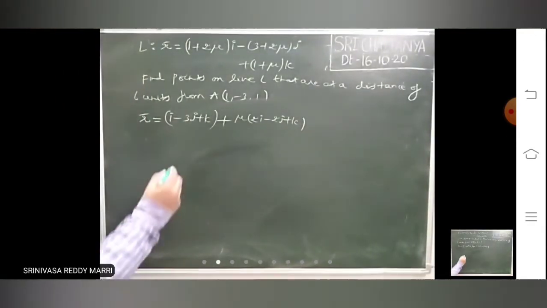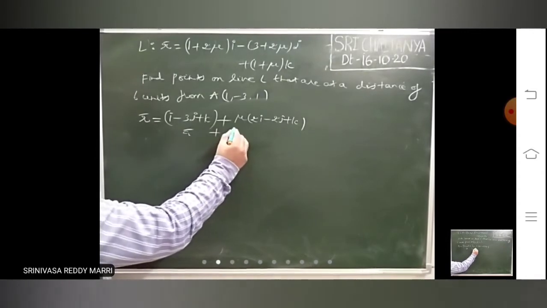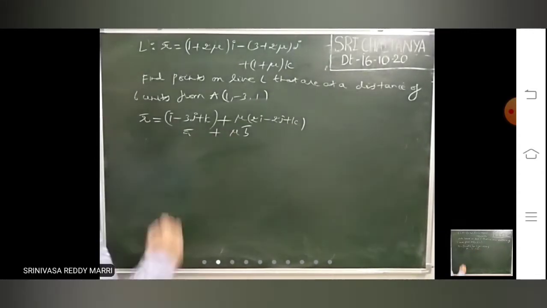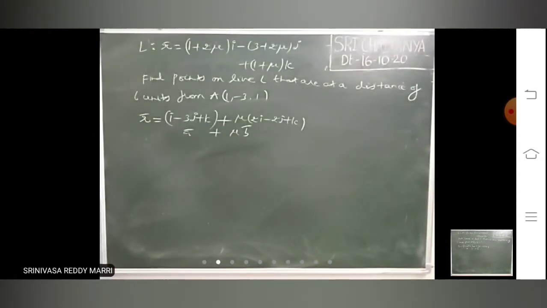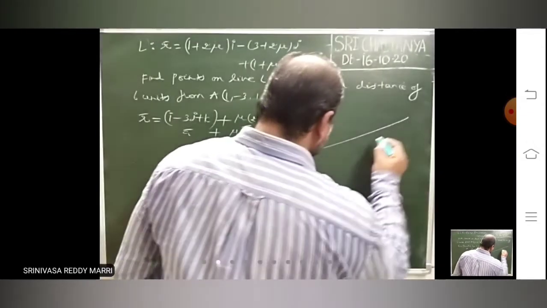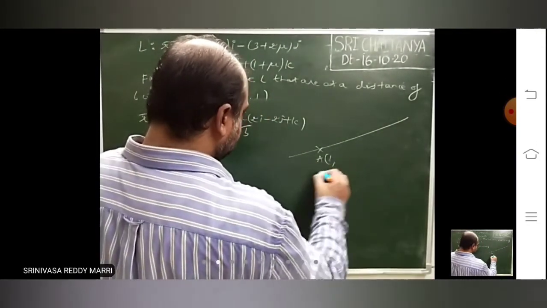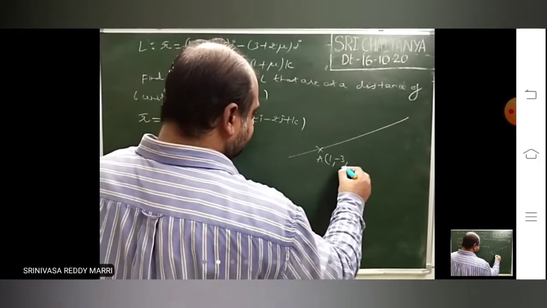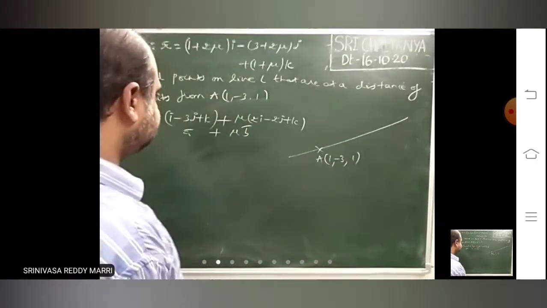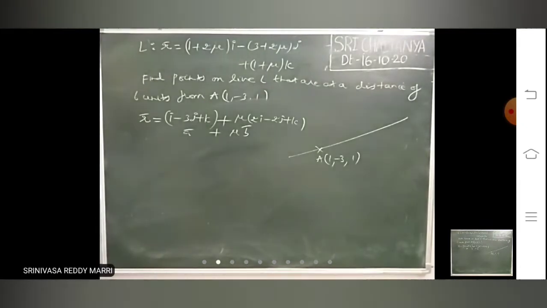So this is the standard form, A bar plus μ b bar. That means this line has one point A, whose position vector is i − 3j + k.